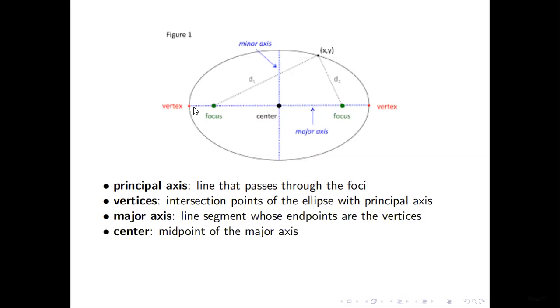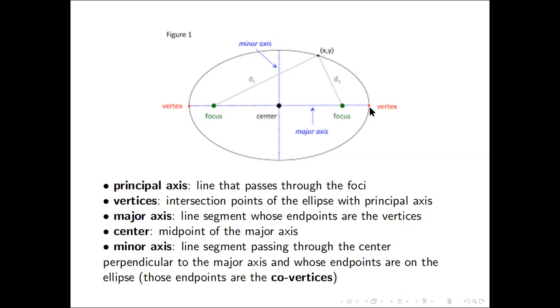The center of the ellipse would be the midpoint of this axis here. It's not necessarily like the center of a circle where all points on the circle are equidistant from the center. It's simply defined to be the center of the major axis.